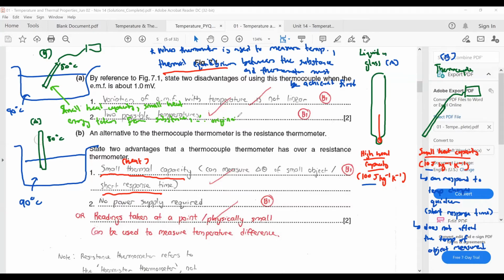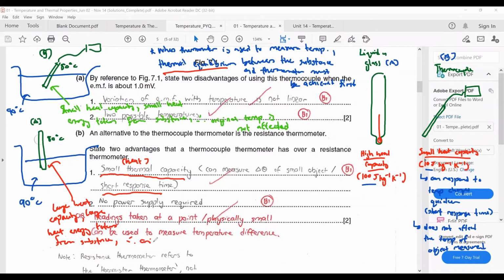But if I have something with large heat capacity, like this one has large heat capacity, you will have large heat energy taken from substance.